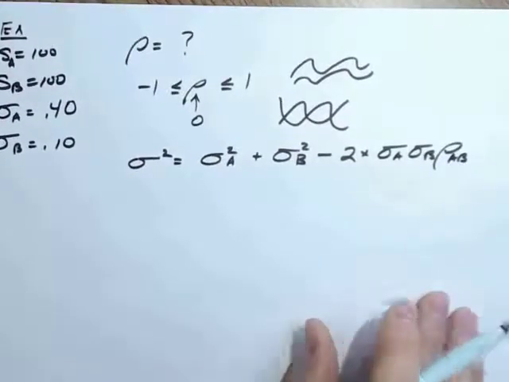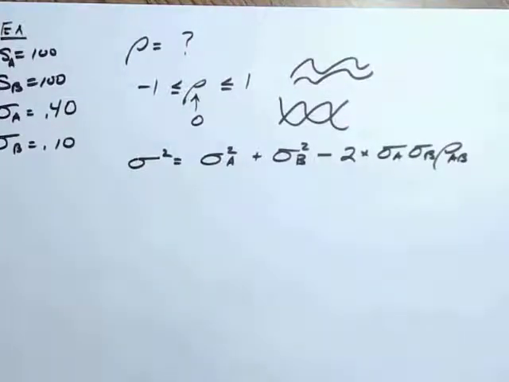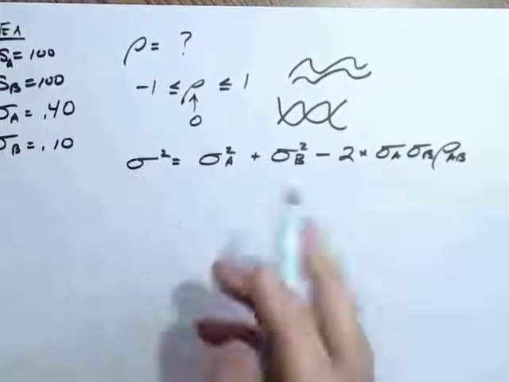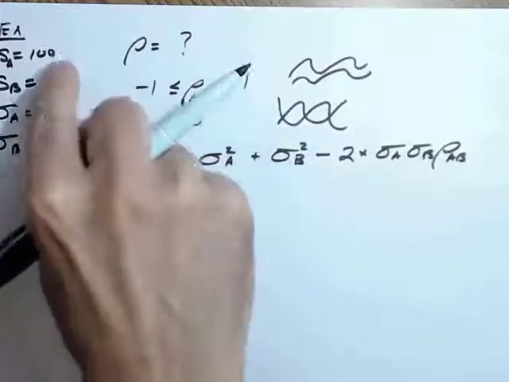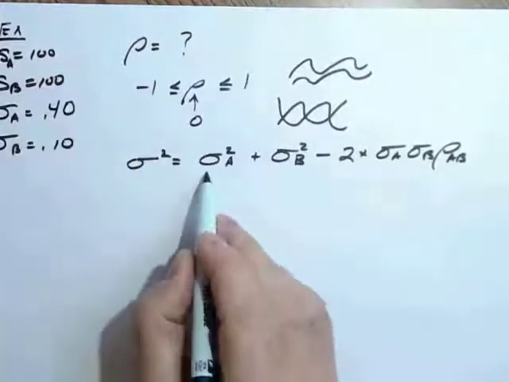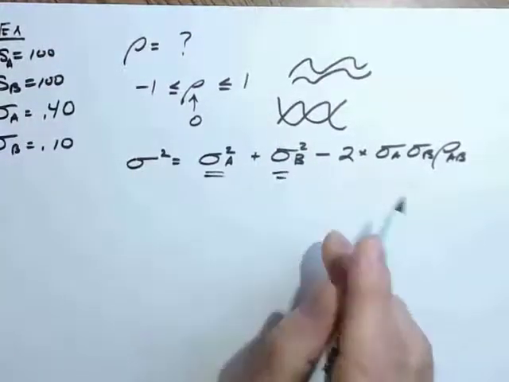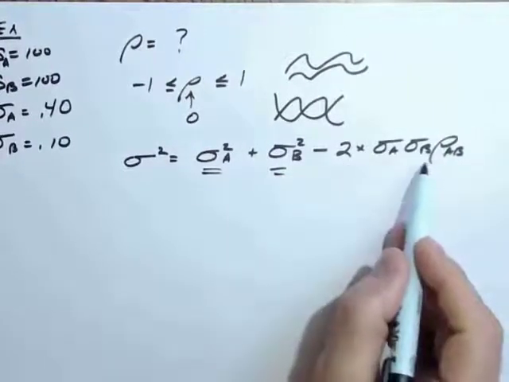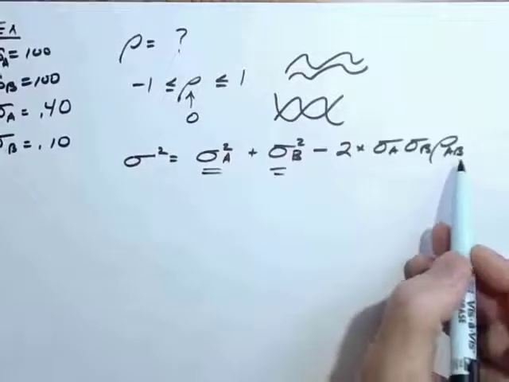It's standard portfolio theory, where we have diversification effects. So the volatility of a portfolio of stocks A and B would be the risk of A and the risk of B added together, but then you have to deal with the interaction terms. Remember that from portfolio theory.